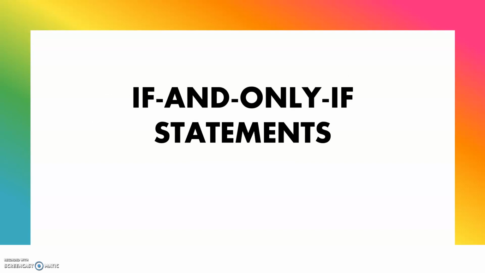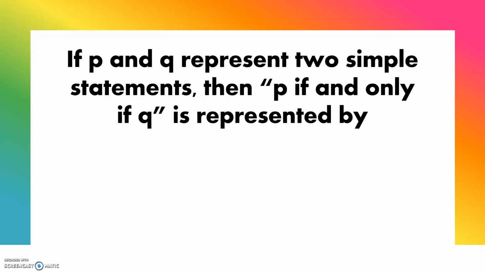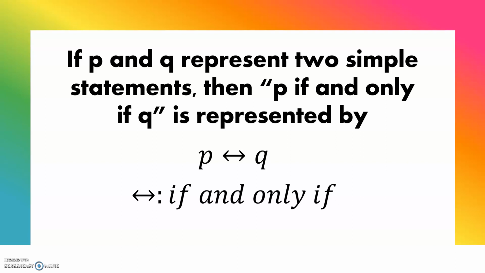All right, and then the last type of statement we're going to talk about in this video is the if and only if statements. So this time you have two simple statements, P and Q, and you want to write out P, if and only if Q. So you're connecting those two statements with if and only if. You represent it in symbols with a double arrow. So P, double arrow, Q. That double arrow means if and only if.